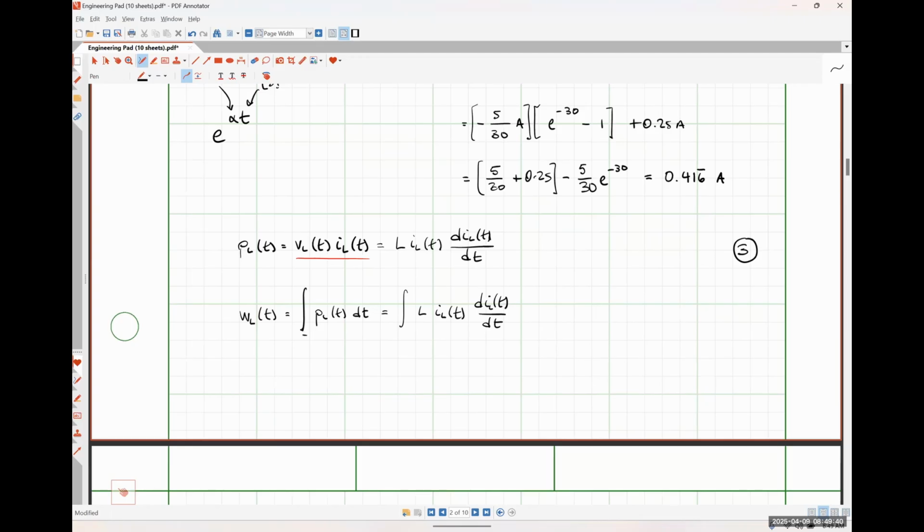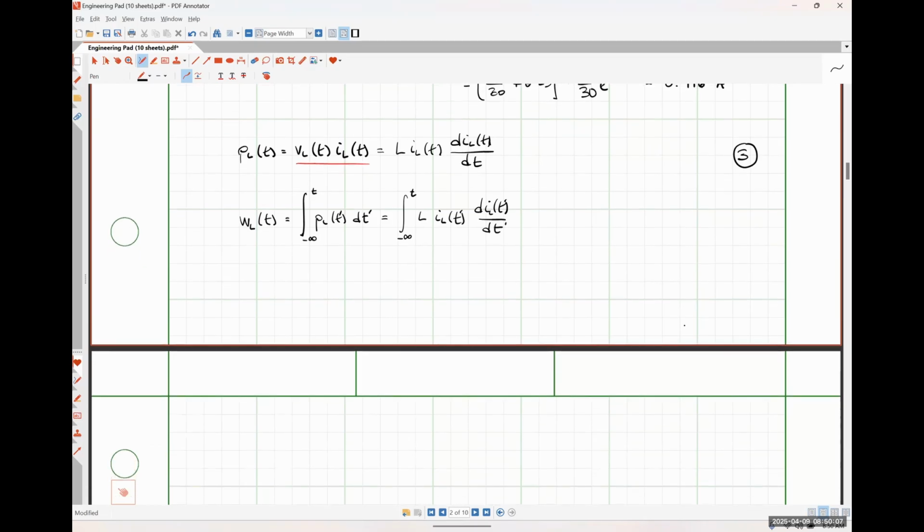And we could integrate from negative infinity to some point in time that we're interested in, like so, making these primes if we're paying attention. And essentially, if I were to multiply through by a factor of dt on both sides, I would now have an expression.